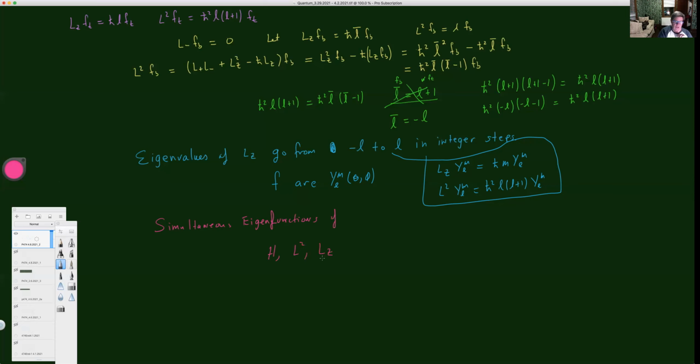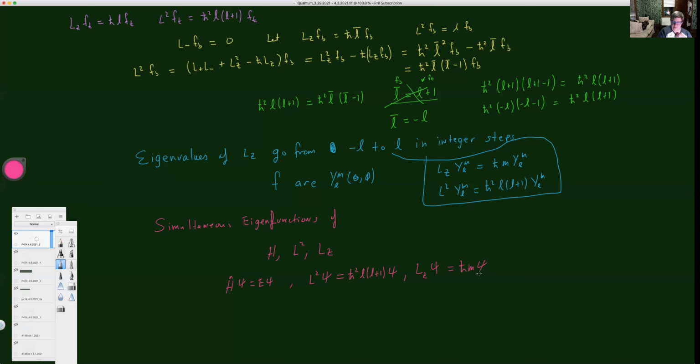So when we actually solve the TISE, we have H hat acting on psi is equal to E psi, and L squared acting on psi is h bar squared l(l+1) psi, and Lz acting on psi is h bar m psi. Remember, psi has a radial component in there, but that's not going to be affected by L squared and Lz.